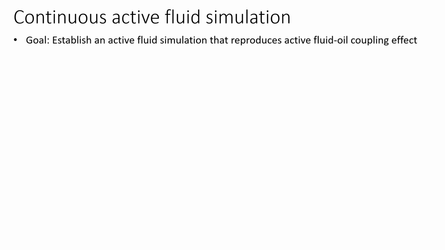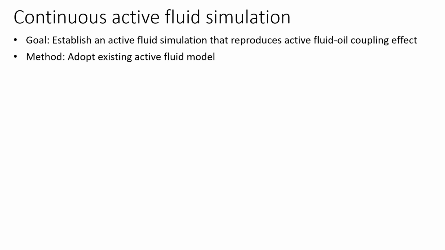To search for our experimental finding in existing active fluid models, as well as gain deeper insight into this finding, we attempted to establish a continuous active fluid simulation platform that can reproduce our active fluid-oil coupling effect.